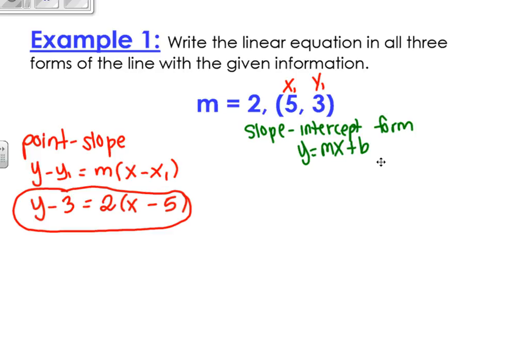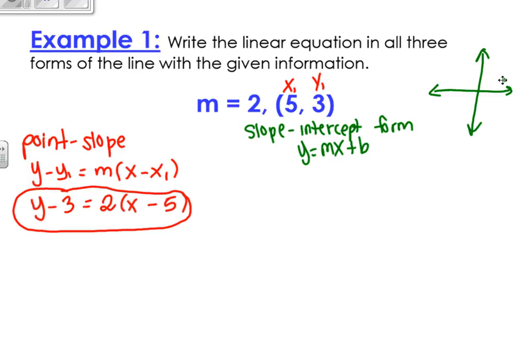That's the point 5, 3. If I was to draw a graph, this point 5, 3 is like right here. Okay, that doesn't tell me where the y-intercept is, and I can't see that unless I actually drew out all the points on the graph. So there's a couple different ways to do this.